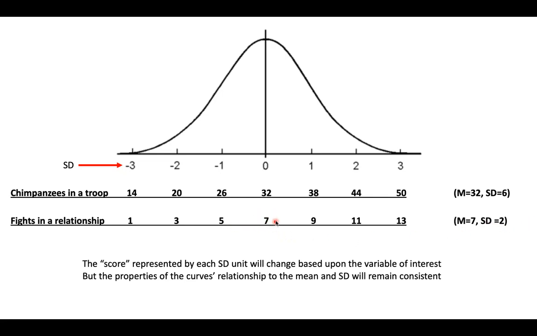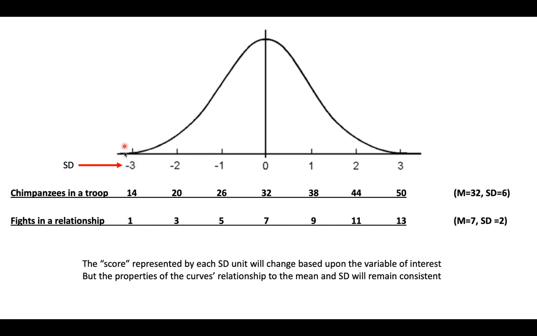So we can conclude that if you have 7 fights per year, you're average, you're normal. If you have 5 fights per year, you're below average, but this is still a fairly typical score because we take our standard deviation of 2 and subtract, going below the mean. But if you have only 1 fight per year, that's abnormally low, right?